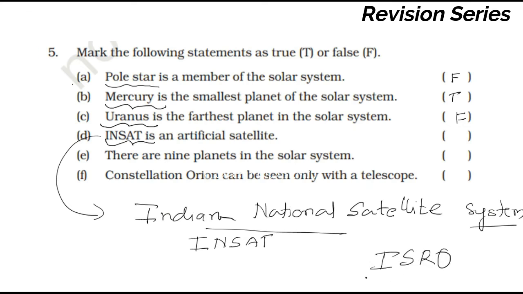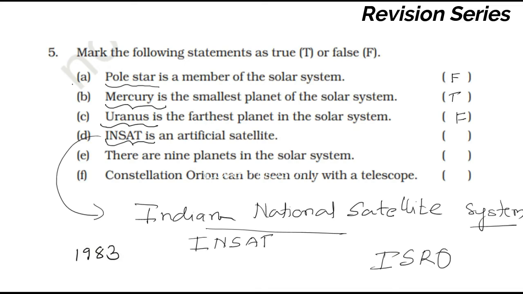It does all the work of telecommunications, broadcasting like TV signals and all. Then meteorology, to understand what kind of weather there is in and around the Indian continent, and search and rescue needs of India. Okay, it was commissioned in 1983.